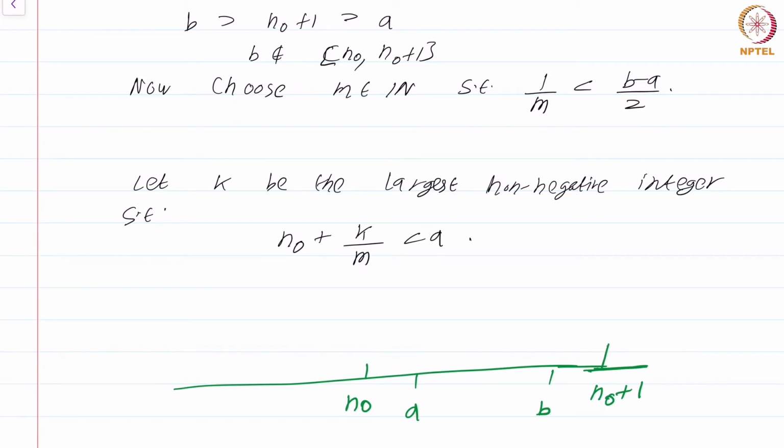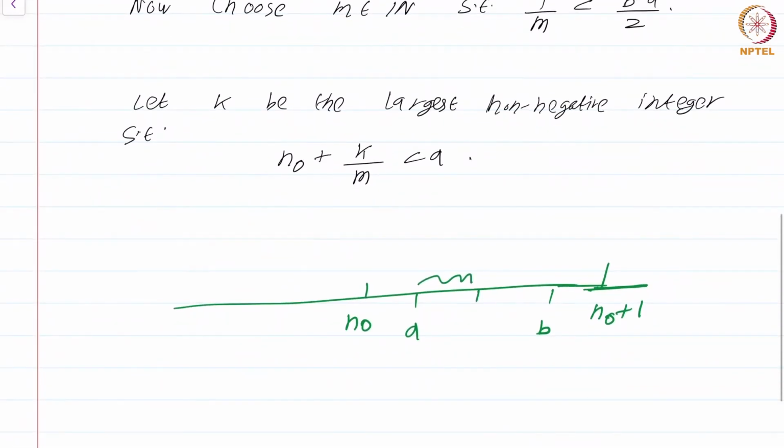Now what we have done is we have chosen (b minus a) by 2, exactly half this length. And then we are choosing a natural number so large that 1 by m is less than half the size of this interval ab.